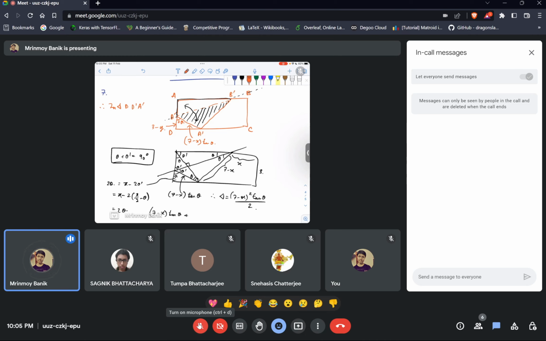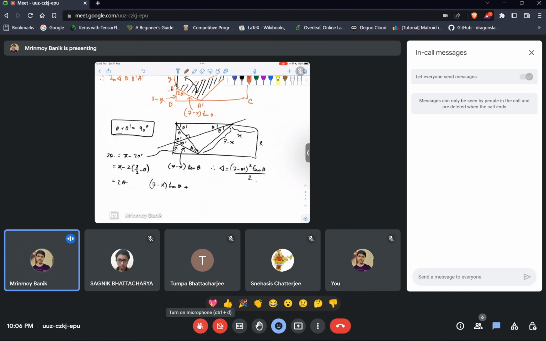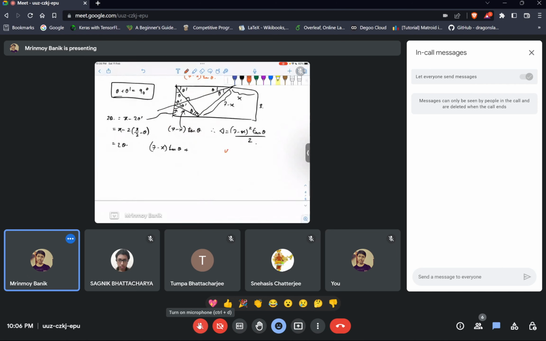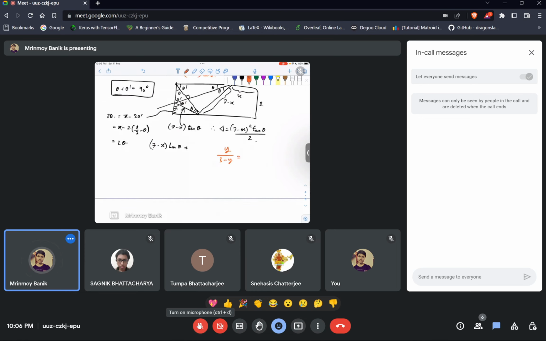Let's call this y, and this is 3 minus y. So we have hypotenuse by base, which is cos 2 theta.